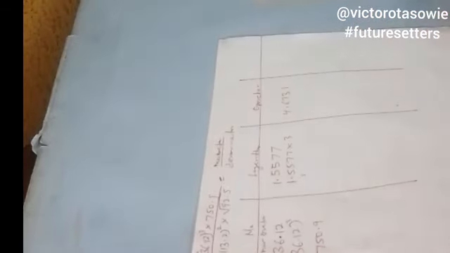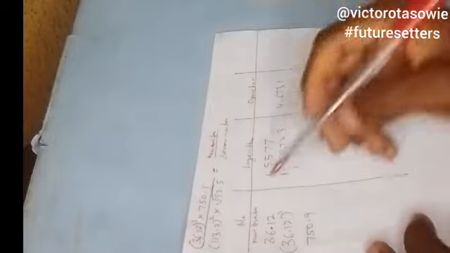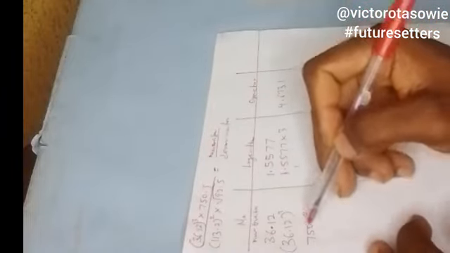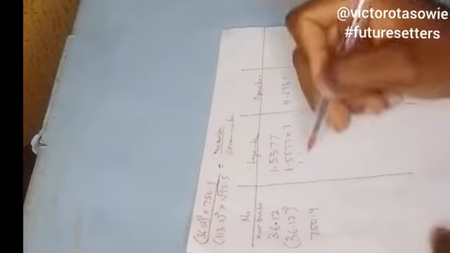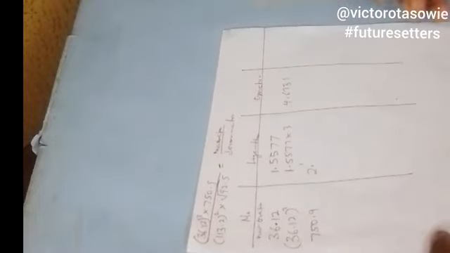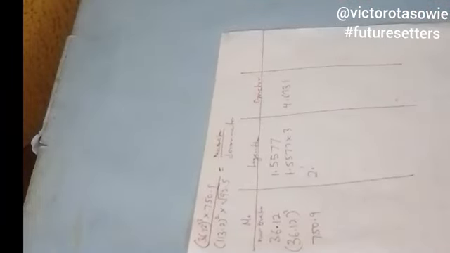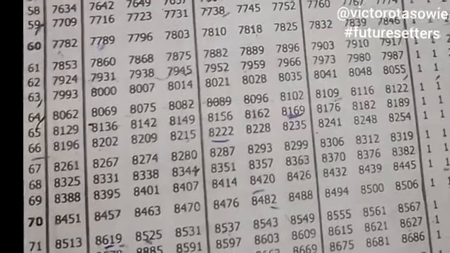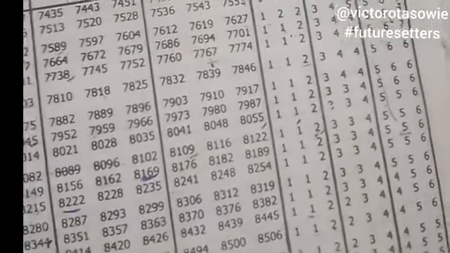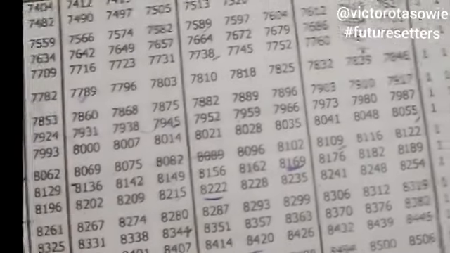Under this 750.9, we are going to convert it to standard form, because you know that it's going to give us 7.509 times 10 raised to power 2. So this will give us 2 point. Now, what are we going to do? Come to our logarithm table again and search for 75 under 0, difference 9. 75 under 0, you can see 8751.